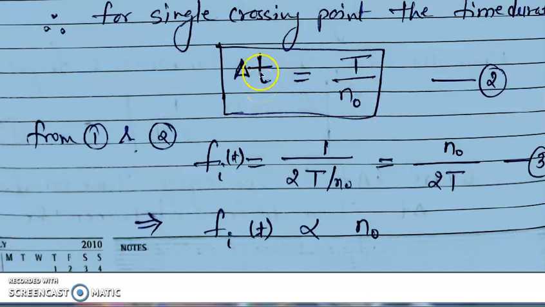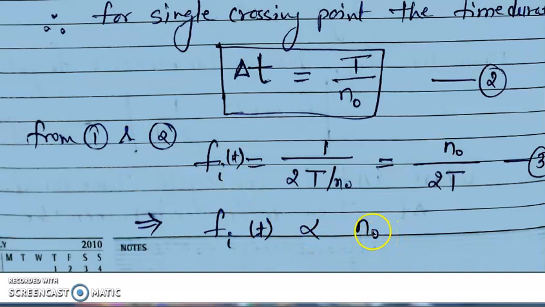Now put this value of del t in the formula given by equation number 1, the instantaneous frequency of the modulated wave. We will be able to solve this and get fi equal to N0 by 2T, through which we can see that the instantaneous frequency of the modulated wave is directly proportional to the number of zero crossings.